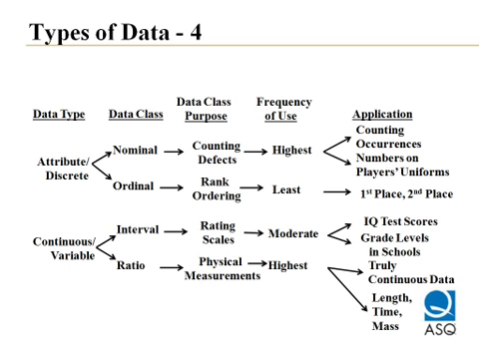And for continuous or variable data, we have interval, and that's used for IQ tests or for identifying grade levels in schools. And finally, still with continuous or variable, we have the class ratio, which is physical measurements. And again, that's of highest use, and that's for use with truly continuous data, such as length, time, mass, and the like.